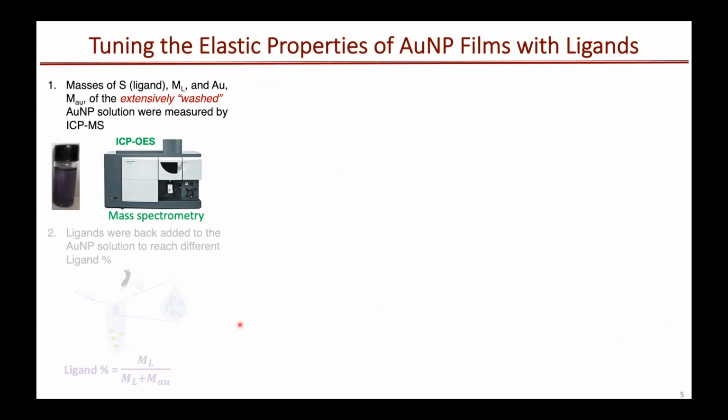We determined the ligand concentration by measuring the mass of the ligands and the gold nanoparticles with mass spectrometry. We used the solution of lowest thiol concentration to determine the ligand mass fraction, and then added ligands back to those low-concentration solutions to form films with different ligand concentrations.